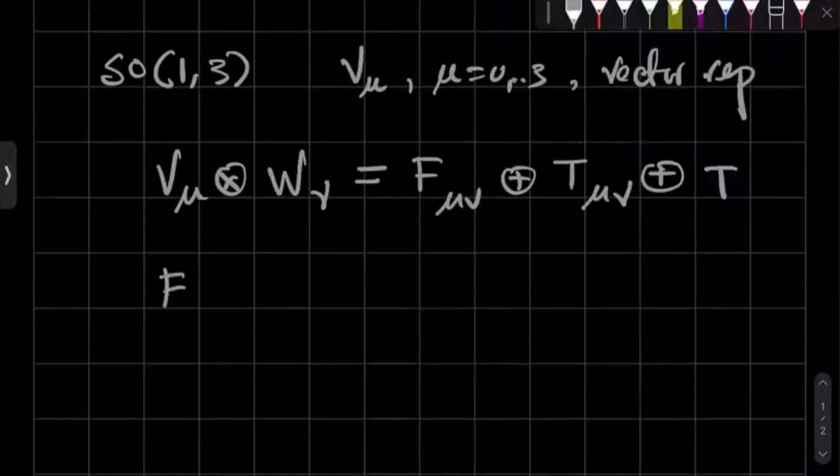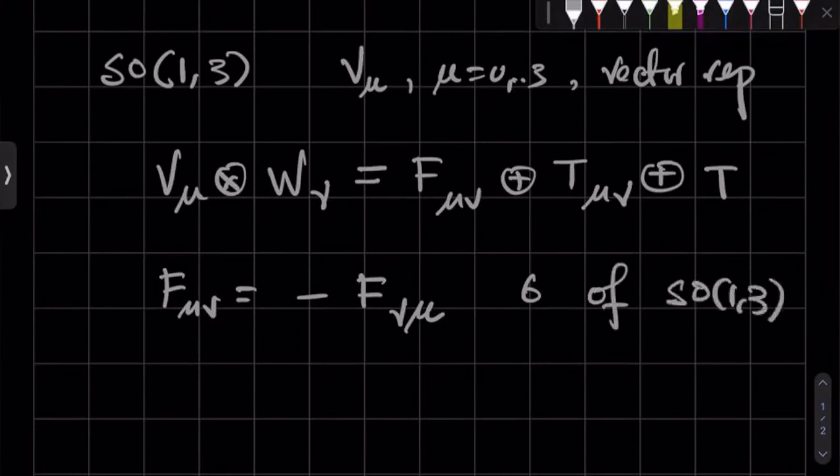So F mu nu was some kind of anti-symmetric representation. This was a 6-dimensional representation of SO(1,3). We say that it's 6 of SO(1,3). If the context is clear, we just say 6.